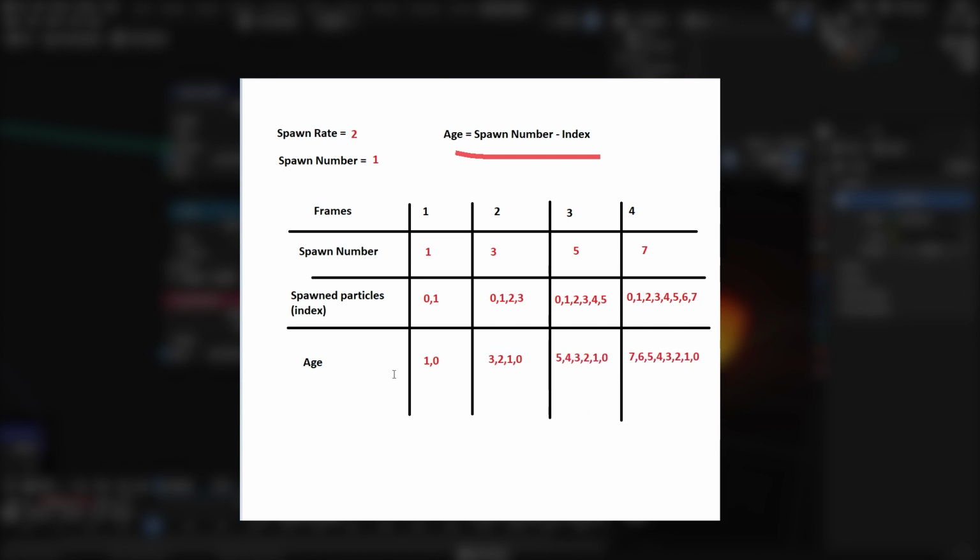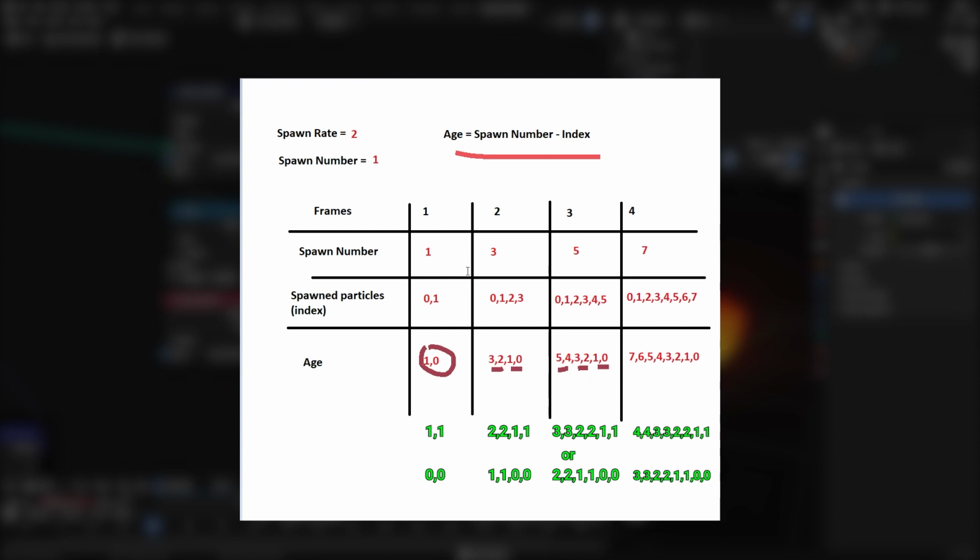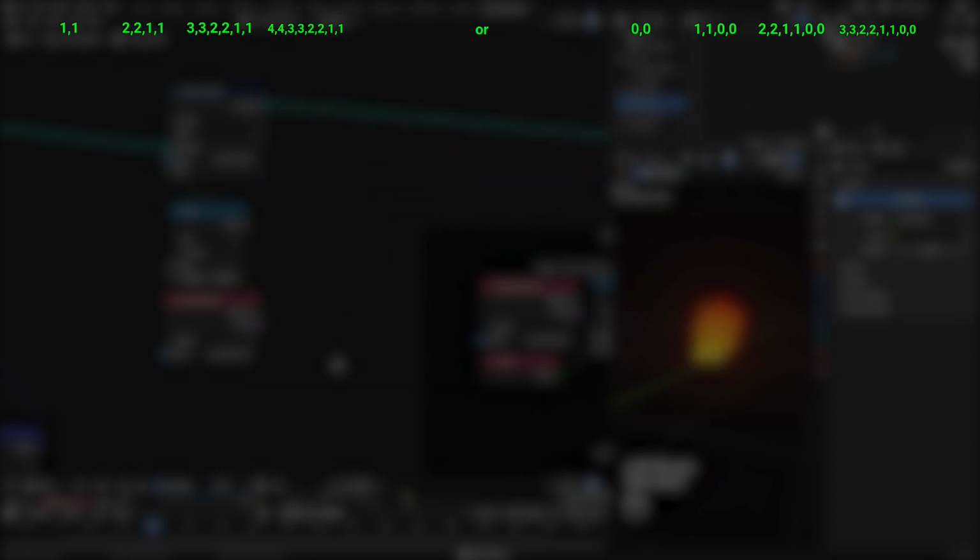And you can see that is a problem. Particles that are spawning at the same frame, whether they are 2 particles or 100, should have the same age when moving to the next frame. That means this should look something like this. But because they have different index, this will not happen with our current calculation method.